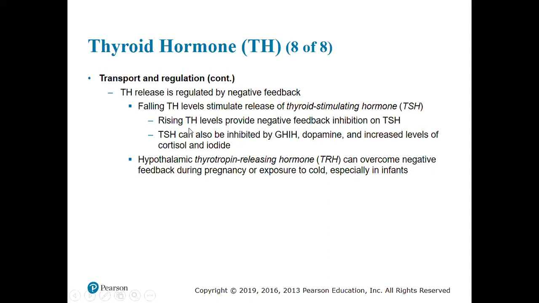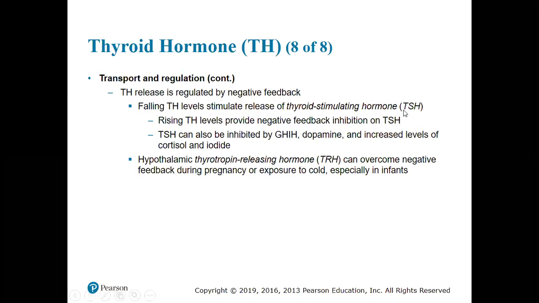Well, rising levels of thyroid hormone, or concentrations, I prefer to use concentrations, they're going to provide a negative feedback. So therefore, an inhibition of the thyroid stimulating hormone. So this thyroid stimulating hormone, right, it's going to stimulate this. But if you have high levels, you want to inhibit this because that's too much. You're already done. That's enough.